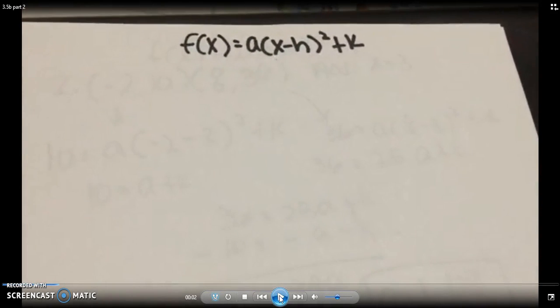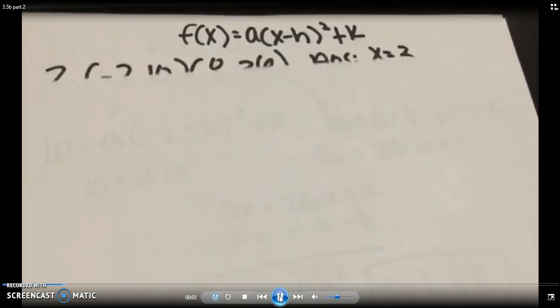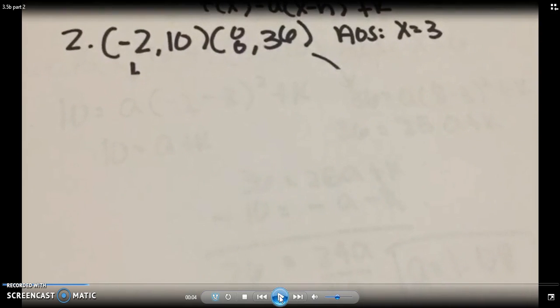Okay, so for my second problem, my two given points are (negative 2, 10) and (8, 36), and my AOS is 3. And then again, the equation is f of x equals a parentheses x minus h parentheses squared plus k. And I'm going to have two equations because I have two sets of points.